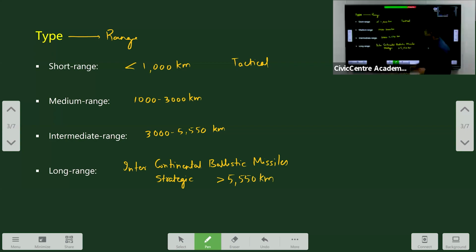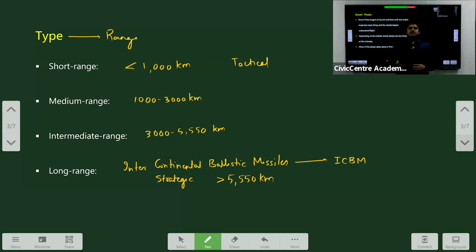Okay, we have short range, medium range, intermediate range, and long range. These are the four types of ballistic missiles with respect to the range. You have to know that these ICBMs, these intercontinental ballistic missiles, travel a much greater distance compared to the minimum range of the missile. Okay, you have to note this point.